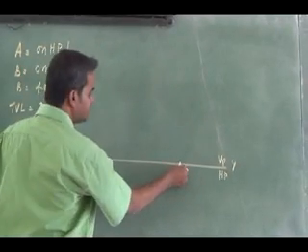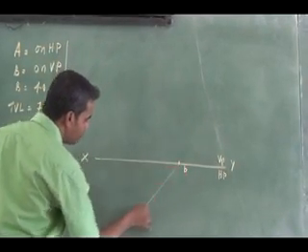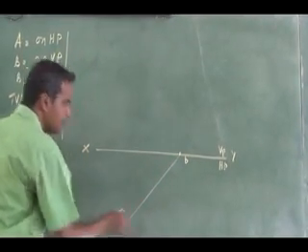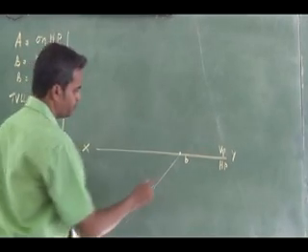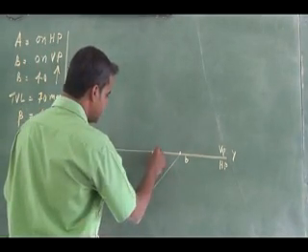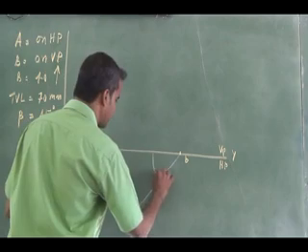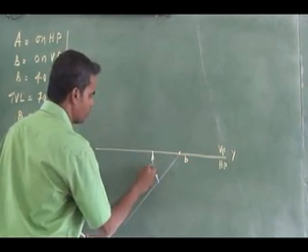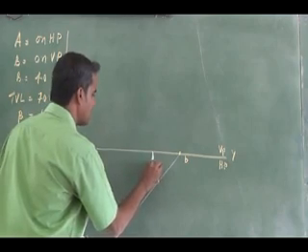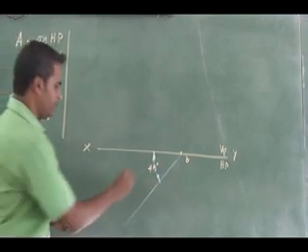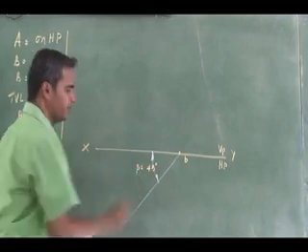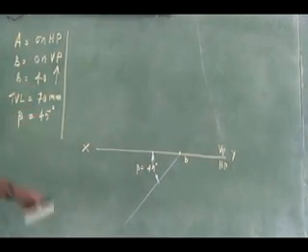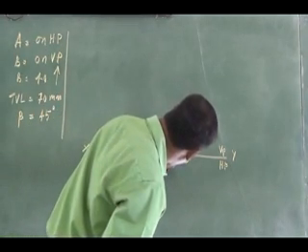The top view angle is 45. So this angle is going to be my beta. Beta is 45. The top view length is 70 mm, so I can measure 70 mm.